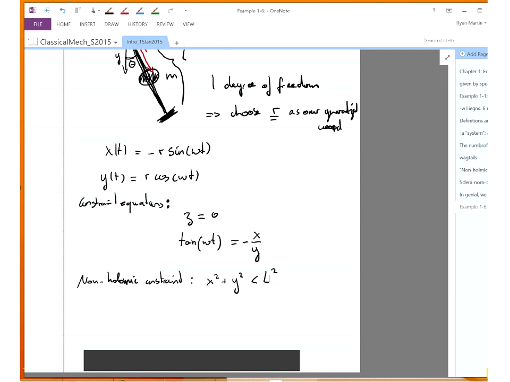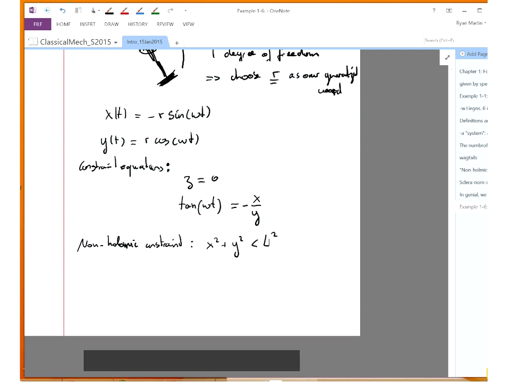And finally, let's calculate the generalized velocities, or find how to relate the velocities of our original coordinates to the velocity of our generalized coordinate. So x dot is d by dt of minus r sine omega t. r is a function of time, right?